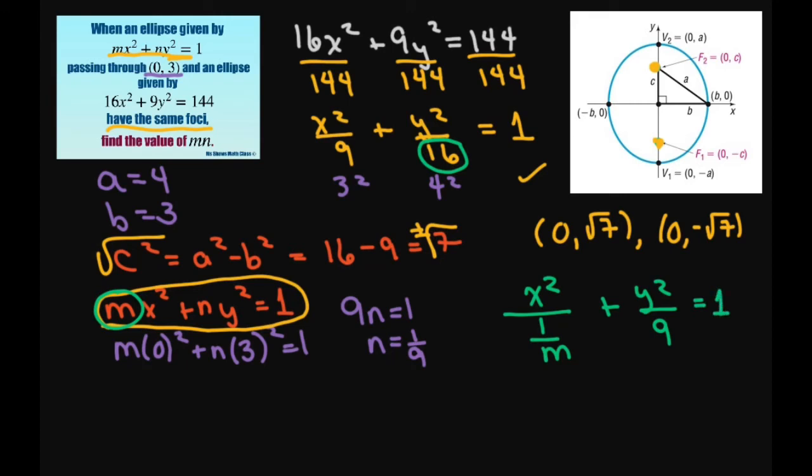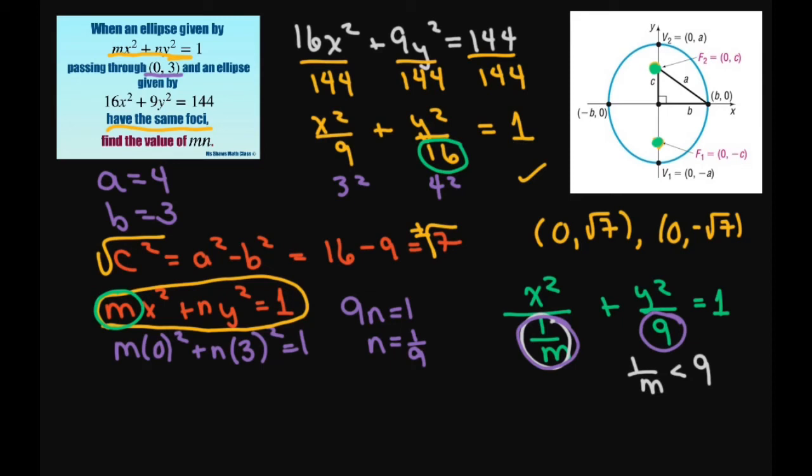And notice that 1 divided by m is going to be less than 9, because they share the same foci. So that means this number is going to have to be bigger than whatever this is, because it's going to be on the vertical axis there. The major axis is the vertical.